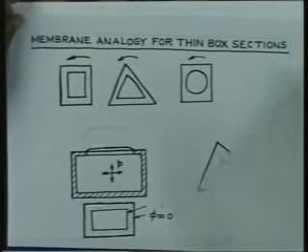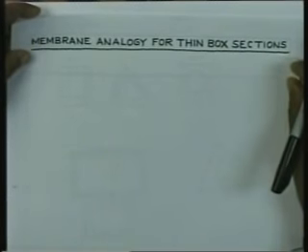Now, to get some physical feel about the box sections, rather how the stresses develop in the box sections, I would like to get back to consideration of membrane analogy for thin box sections.